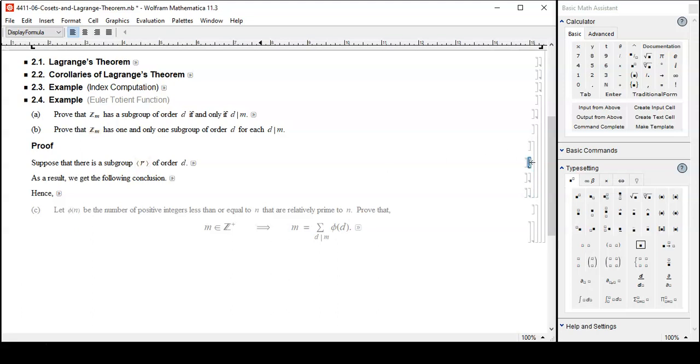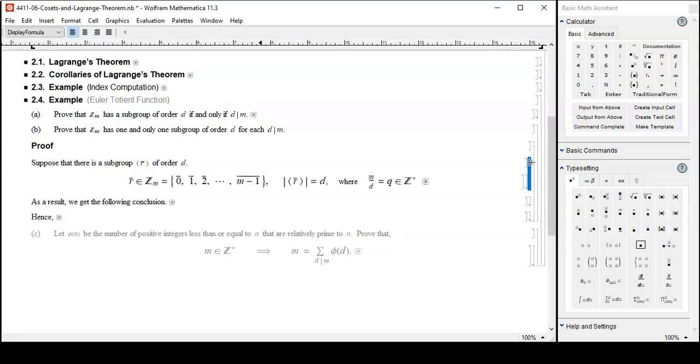So the generator in this case is R. And then R has order D, and D divides M, so M over D is some quotient Q, which is a positive integer, because we are dealing with order, so all positive. And as you saw before, this Q, or more precisely speaking, Q bar, will generate a cyclic subgroup of order D.